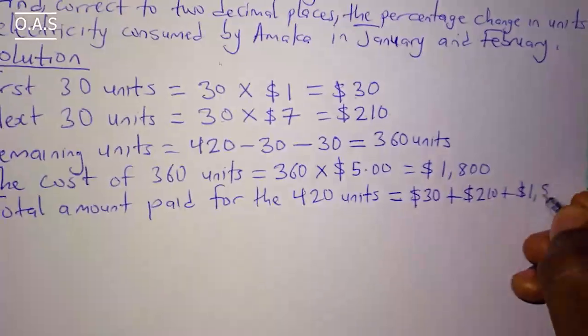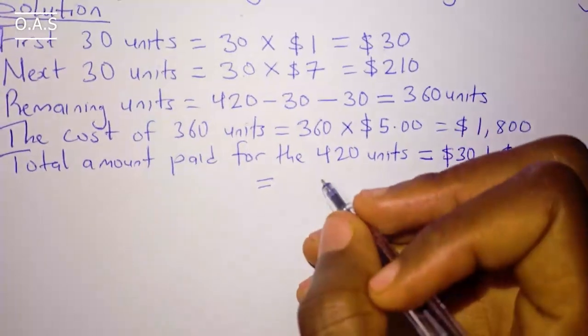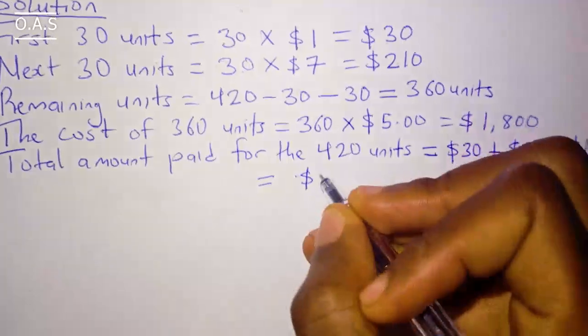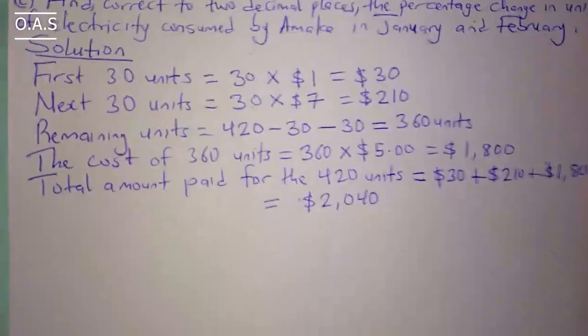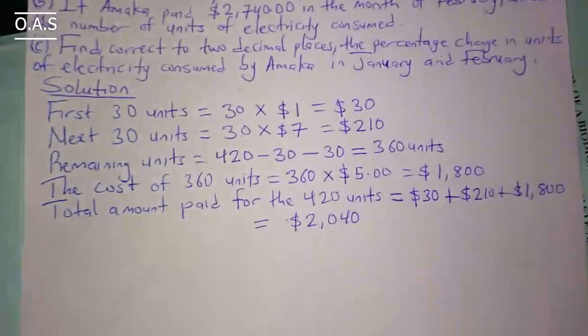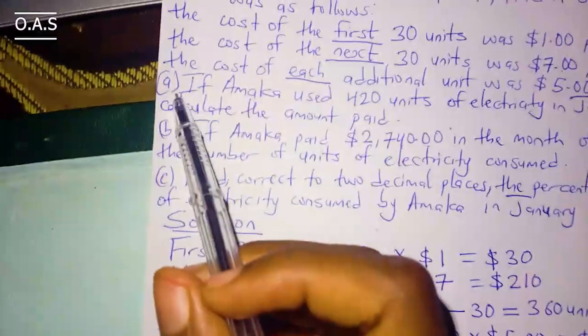That will give you the total consumption by Amaka to be $2,040. So for the month of January, Amaka will have to pay $2,040 for the 420 units of electricity she used. And with that, we've solved the first question.